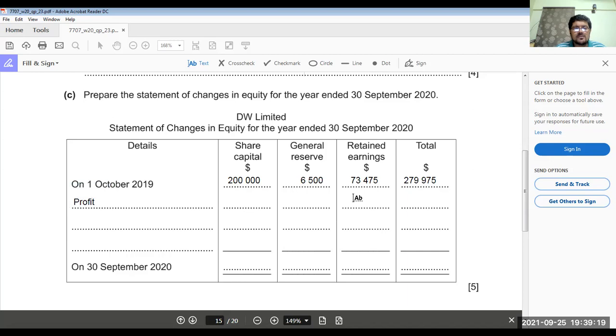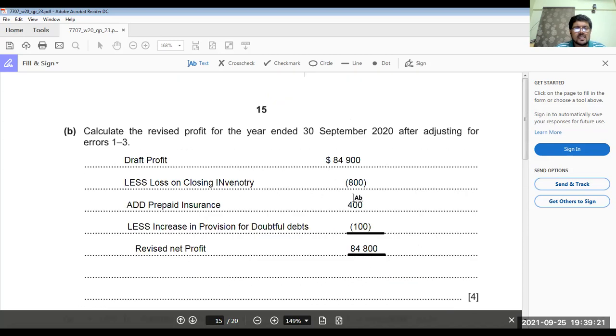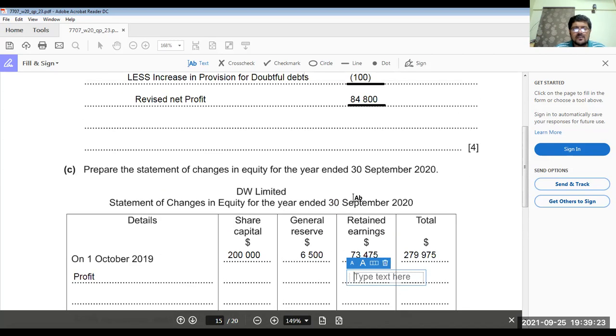Profit, 84,400, is going to be added. Okay. Now general reserves. Transfer to general reserve is 5,000.